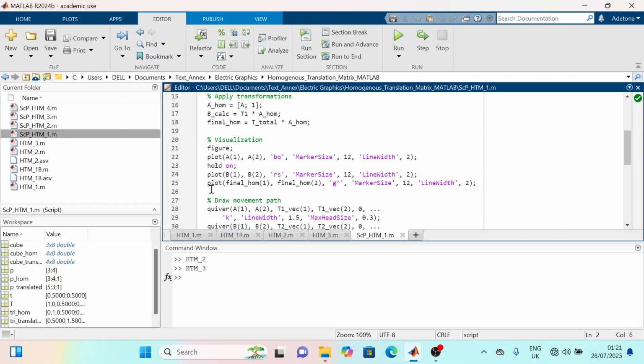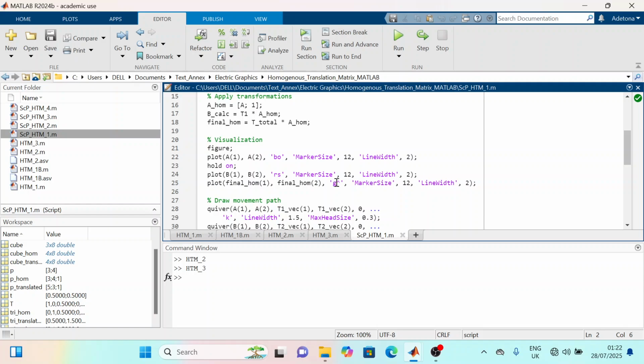And for the final plot, which happens to be the final position of the robot, we use final. So that is, we use what we call green color, and for green color we make use of this marker.